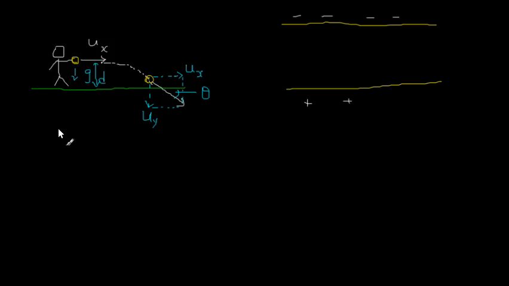Now, if we recall the formula that I used maybe two sessions ago, or even in the last session, the formula was uy squared, that's the final velocity squared, is equal to the initial vertical velocity.